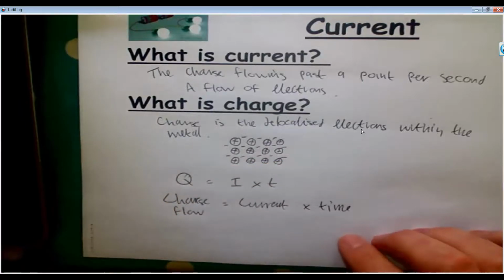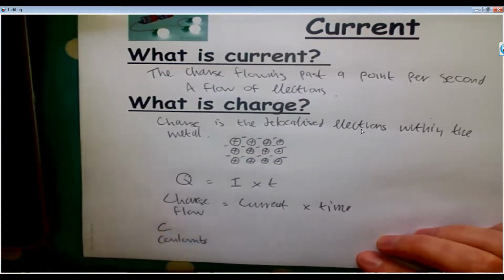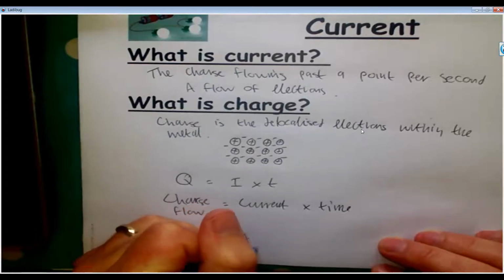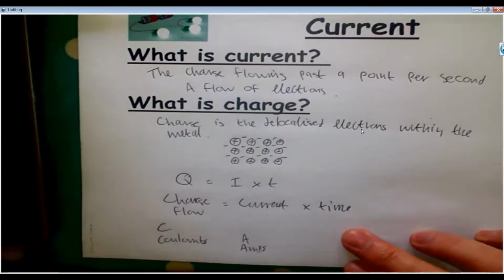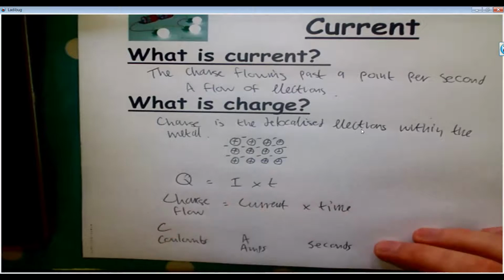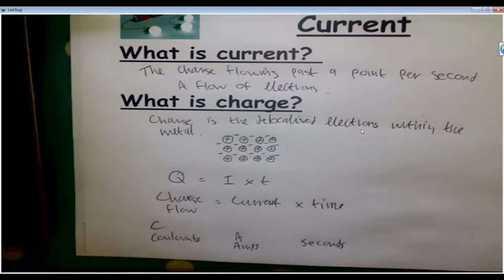And it's really important that we use the correct units for this. So C for coulombs, current is measured in A for amps, and time is measured in seconds. And it's really important that we use the correct units. So that's our new knowledge for today. So write it down, please. Make sure that you've got some notes.